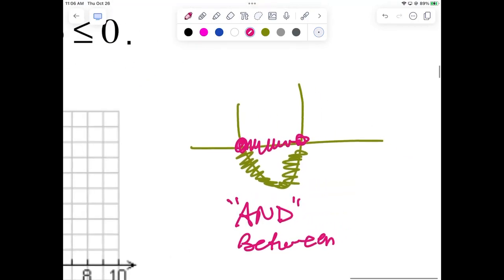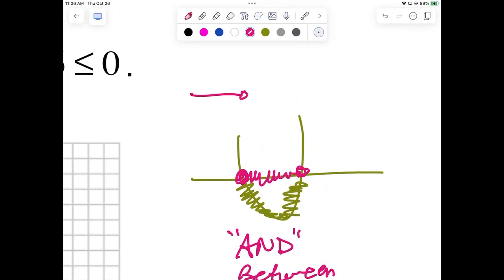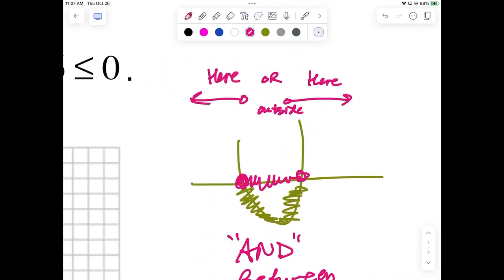Oh, because this is what we talked about. Anything that's this or this is the or case. It's either here or here. It's not in both, right? So that's when it's outside. That's always the here or here. But in this case, let's pick a number, like let's say this is -5, and let's say this is 5.